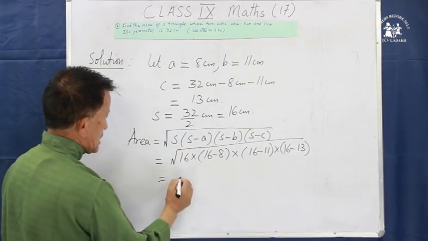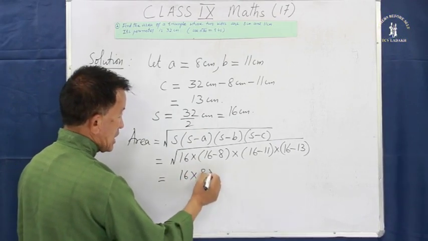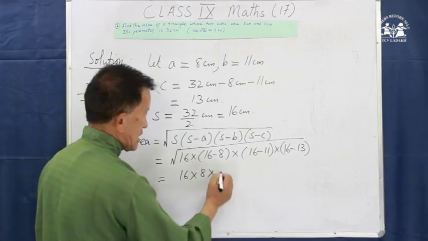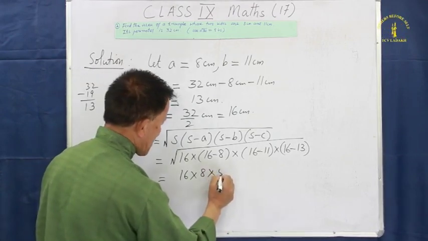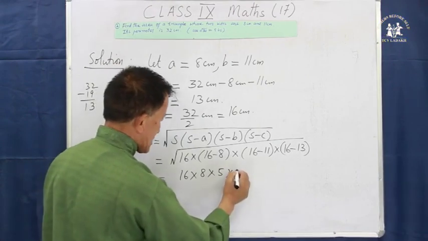So this is 16 into 16 minus 8 is 8, into 16 minus 11 is 5, into 16 minus 13 is 3.